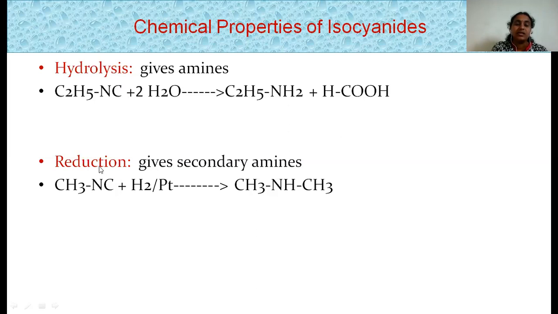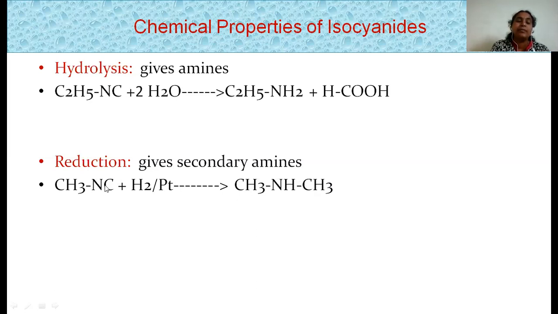And the second reaction is the reduction reaction. Isocyanides on reduction, that means addition of hydrogen or elimination of oxygen, in the presence of any reducing agent, here we have taken hydrogen and platinum, a metal, produce secondary amines, because here this nitrogen is connected with two alkyl groups, hence this amine is called a secondary amine.